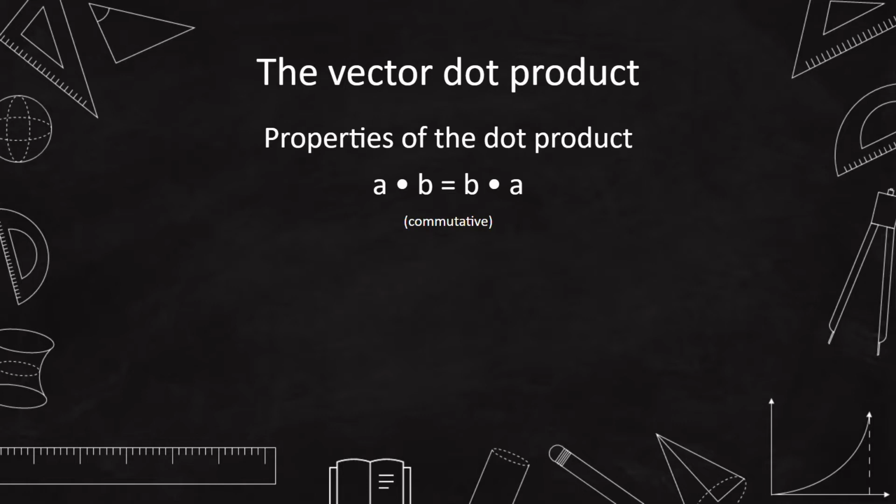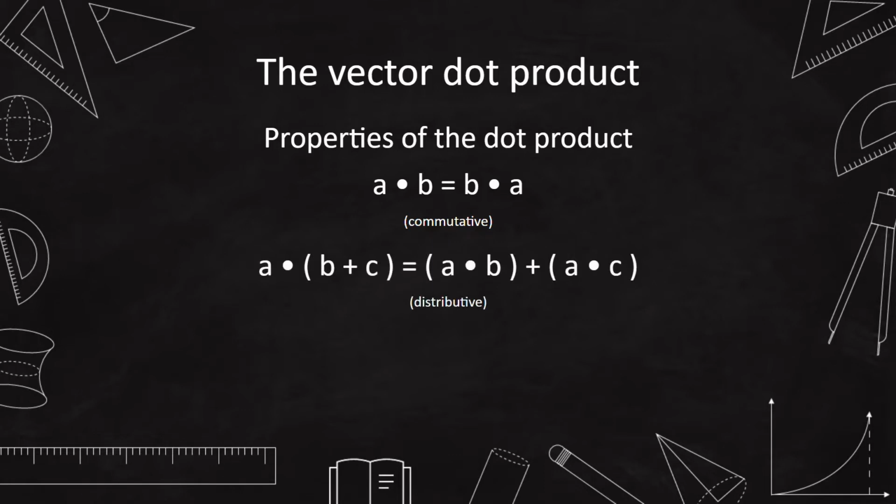Because the dot product involves simple multiplication, it has very intuitive properties. a dot b equals b dot a, because it doesn't matter in which order numbers are multiplied. The distributive property also holds: a dot the sum of b and c, or a dot the vector that results from adding b and c, is the same as a dot b plus a dot c.